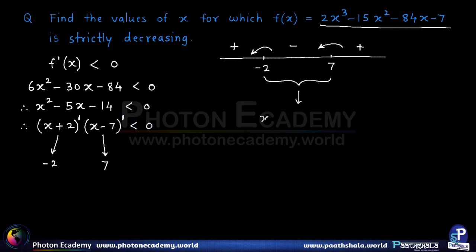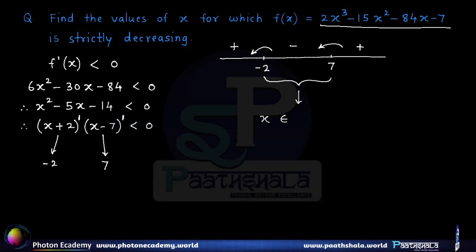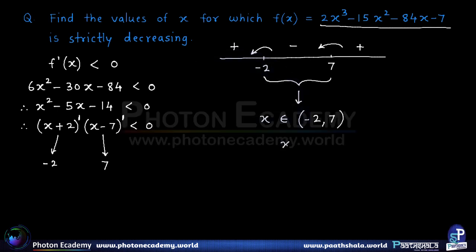So x must belong to the open interval minus 2 to 7. We cannot include the values minus 2 and 7 themselves, because at those points the expression will become equal to 0. Right? So we can write the answer in another way in terms of inequality, that is minus 2 less than x less than 7. That is the answer.